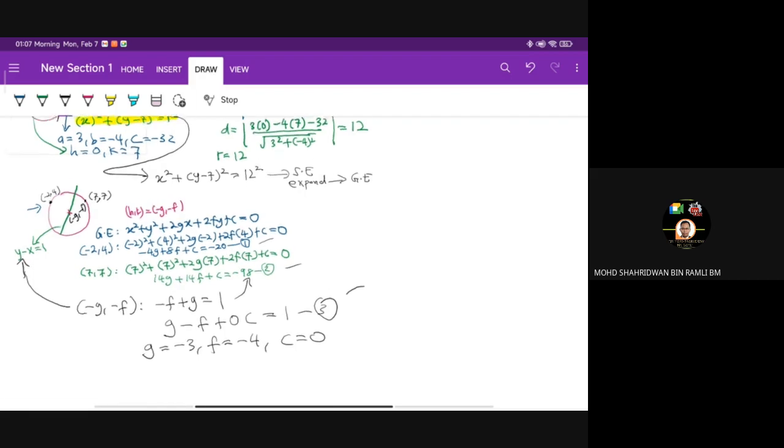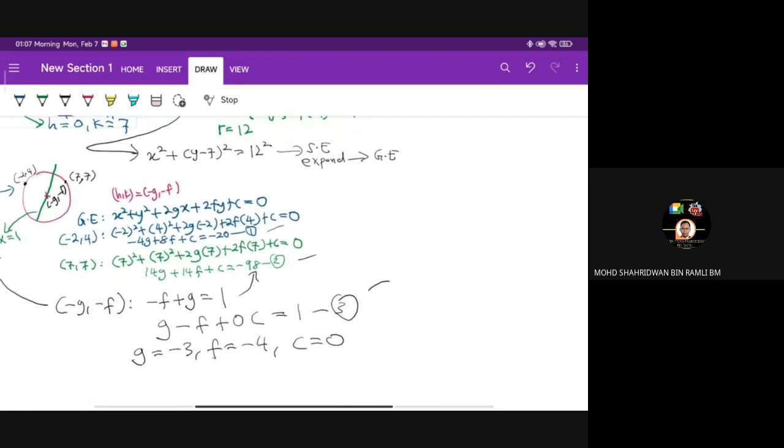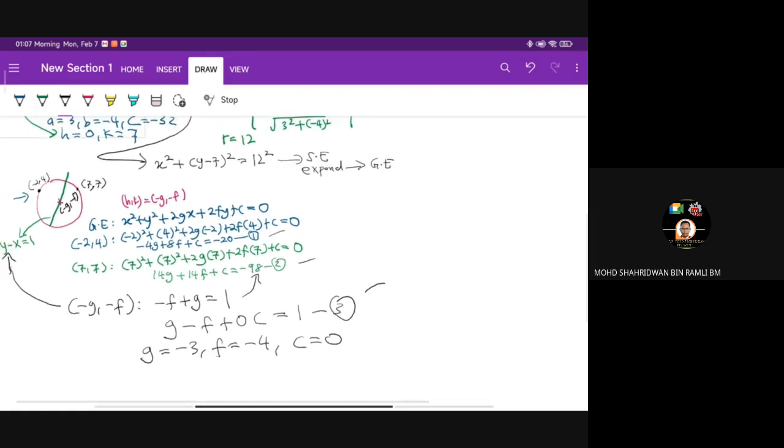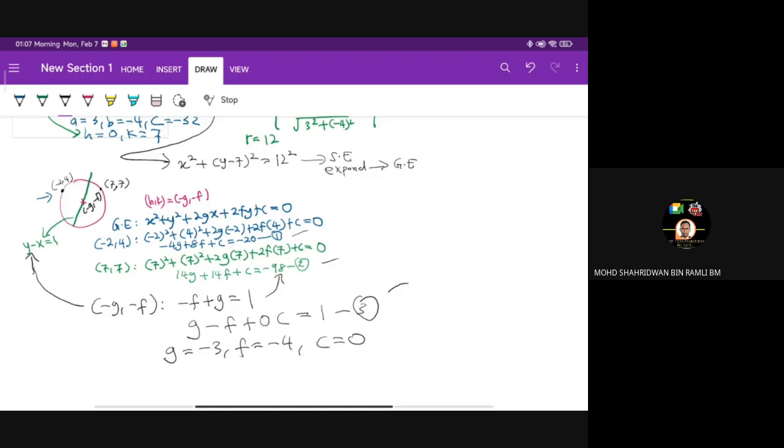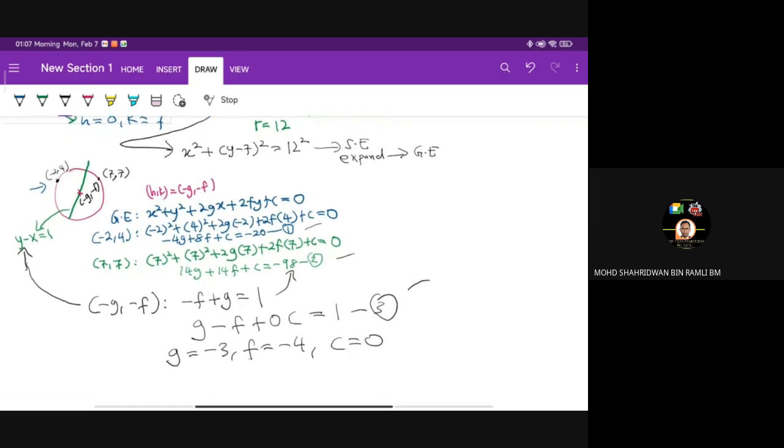Please try to simplify and then find g, f, and c, and show your calculation. I'm using the calculator as a shortcut here because we are running out of time.